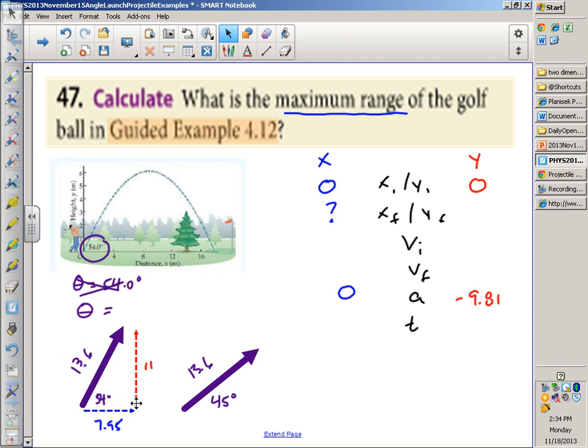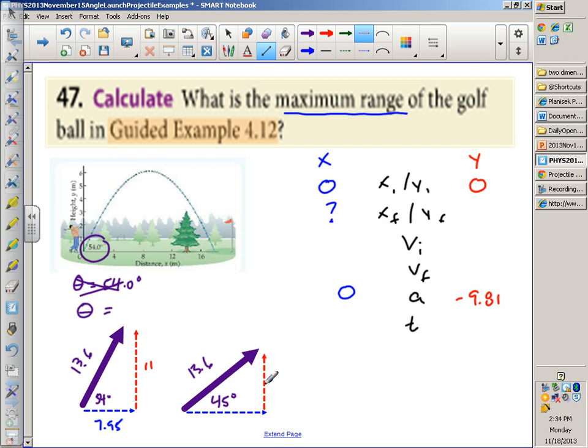What's that going to do to the x component? The x component is going to get bigger because we made it closer to the x-axis. But what's that going to do to the y component? Shorter. It's going to make it smaller. Maybe bigger in this case, yeah, because 45, it's a 45-45-90 triangle, right? What do we know about 45-45-90 triangles? The two legs are the same. They have to be the same.